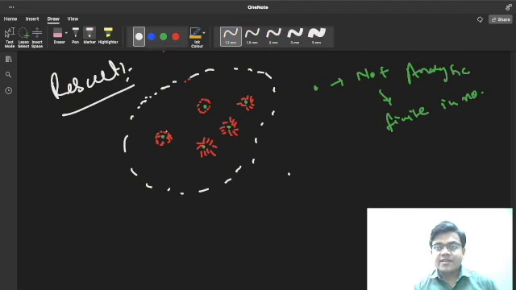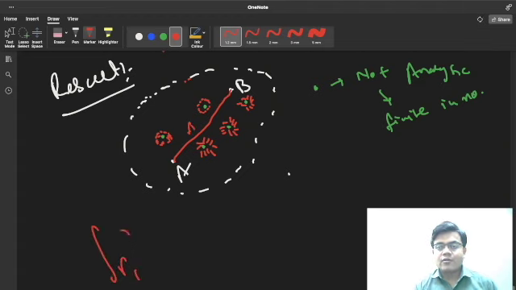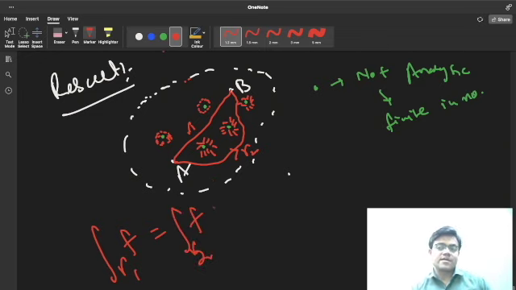Then let's say this is your initial point and this is your terminal point. No matter if you go along the curve gamma 1, or you go to this B along the curve gamma 2, your integration will be the same.